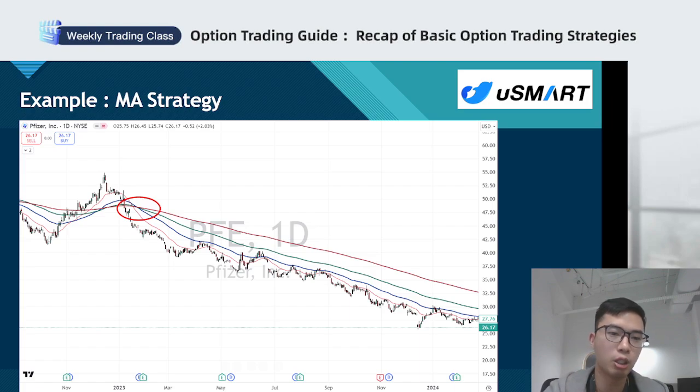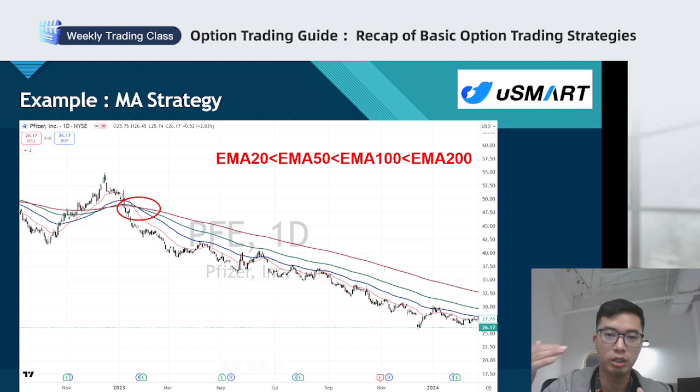So it's the opposite of what I shared just now in long call. Now we want to short a stock when the MA 200 is at the top, then 150 and 20 below, and the stock price candles are all below these moving averages.